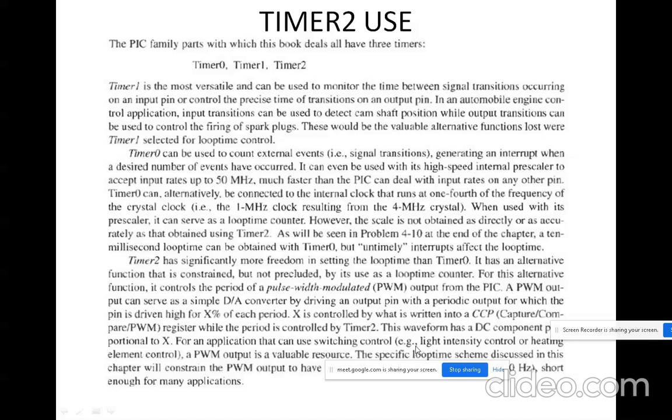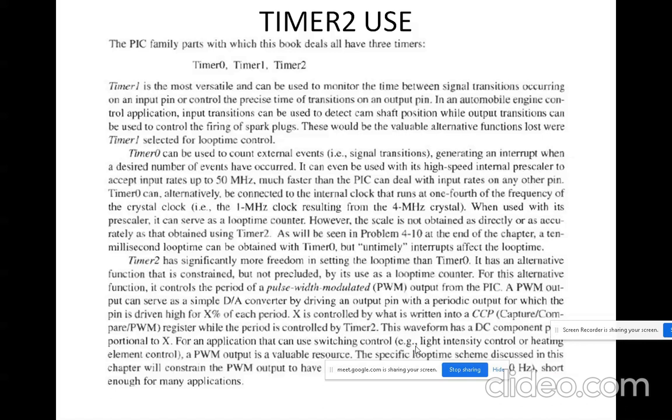So timer 2 has the capability of doing an alternative function while executing the loop time counting. For this alternative function, it controls the period of a pulse width modulated output from the PIC microcontroller. That is, it will have control on pulse width modulation for the output pin.